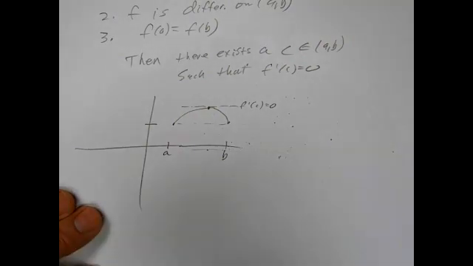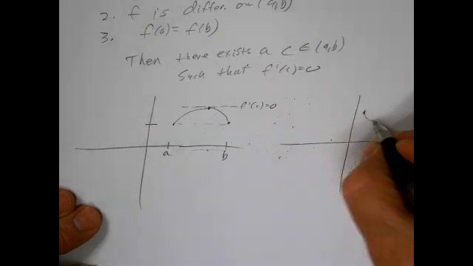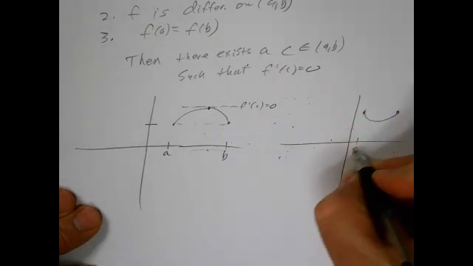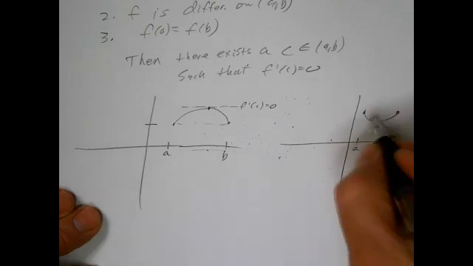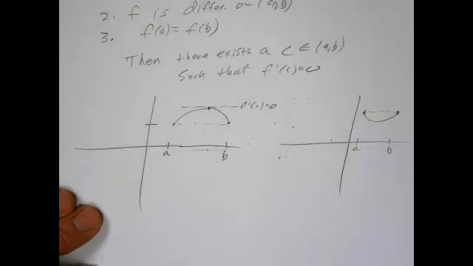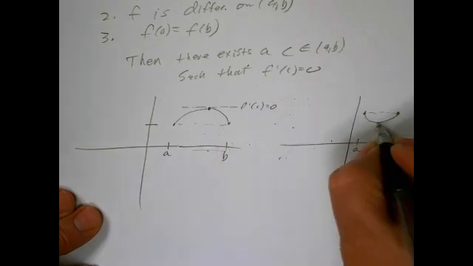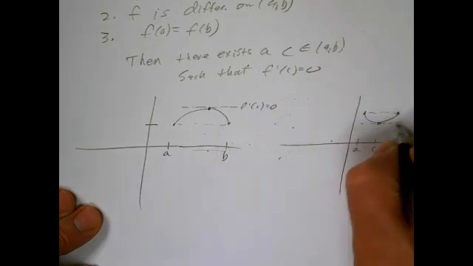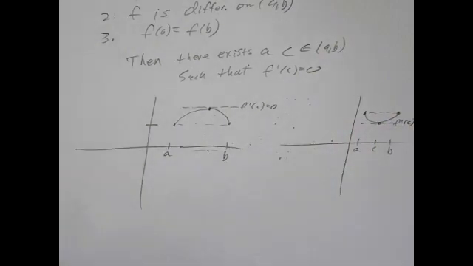On the other hand, you might have a function that leaves A, goes downward, comes back up to reach B. Again, it is continuous on the closed, it's differentiable on the open, the endpoints are equal, and the C value that they're talking about will be right here, where it hit a minimum.